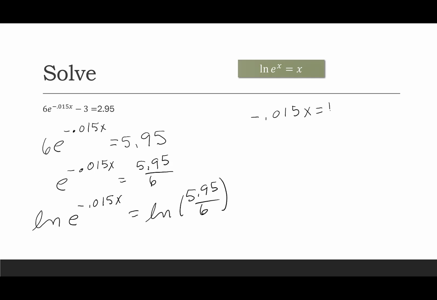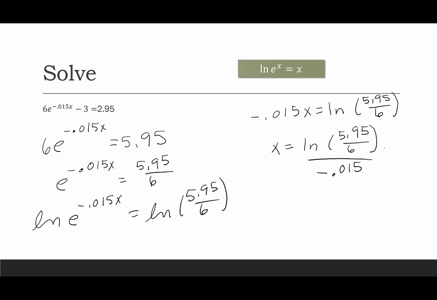And on the right side, I have the natural log of 5.95 over 6. So my last step is to divide by the negative 0.015. So x will be equal to the natural log of 5.95 over 6 divided by negative 0.015.